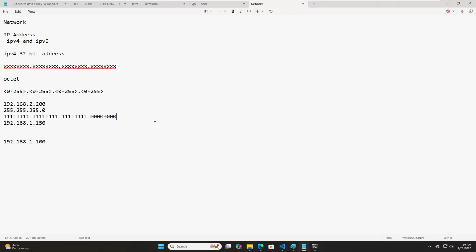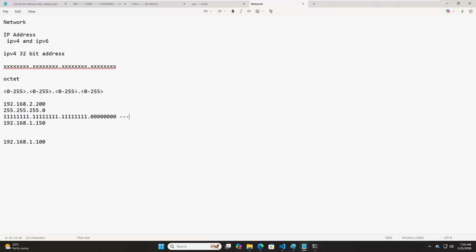Wherever you have ones in the subnet mask, in whichever octet, those octets in the IP address are the network octets. So the first 3 octets of the subnet mask belong to the network, and the last octet belongs to the host.